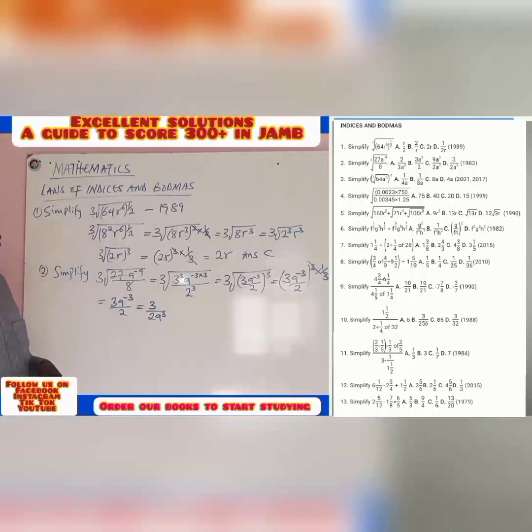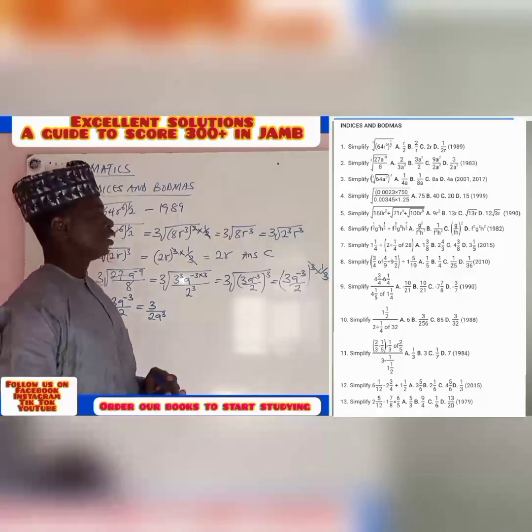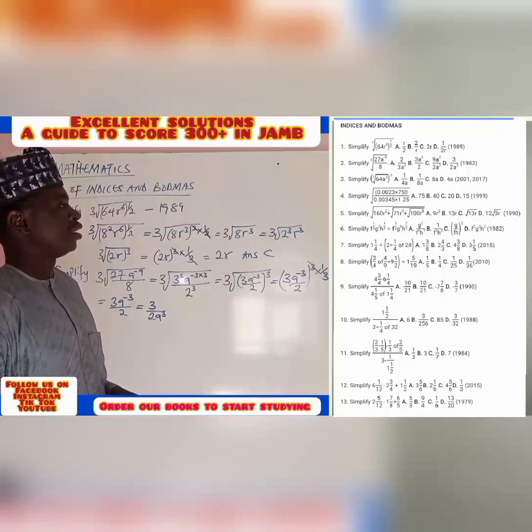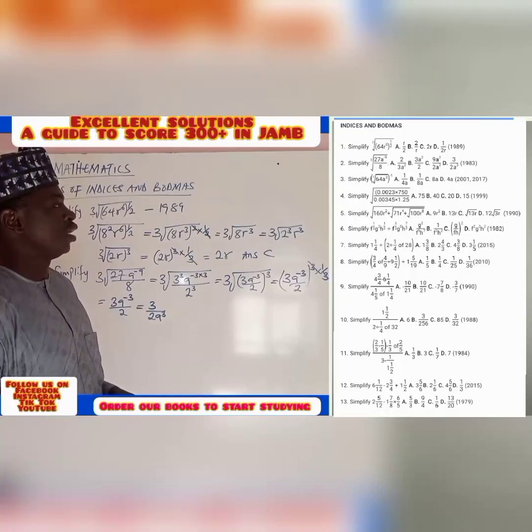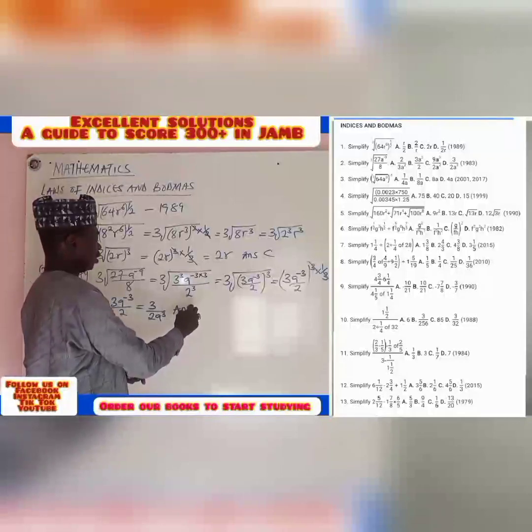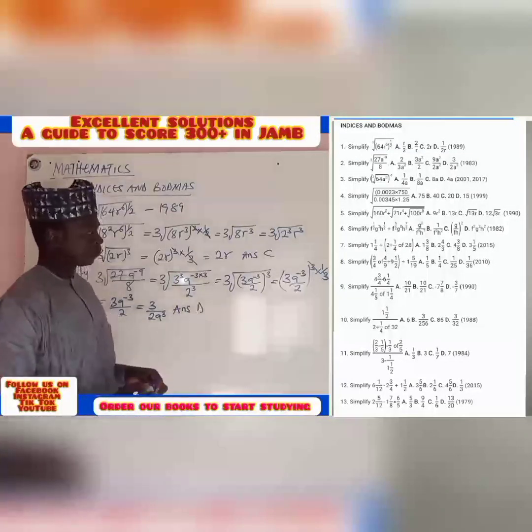If we look at our options, A says 2 over 3a squared, B 3a squared over 2, C 9a squared over 2a, and D we have 3 over 2a cubed. So our option D is our answer.